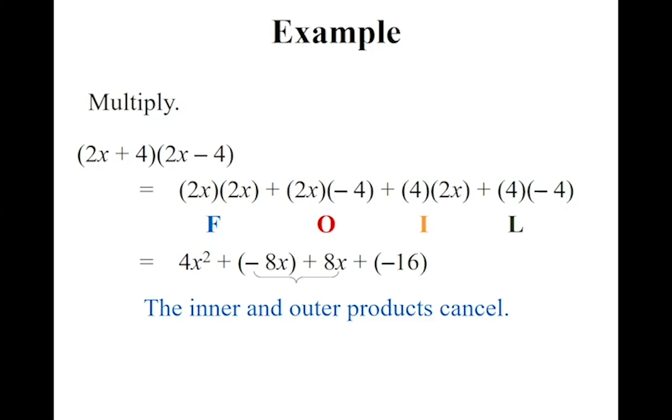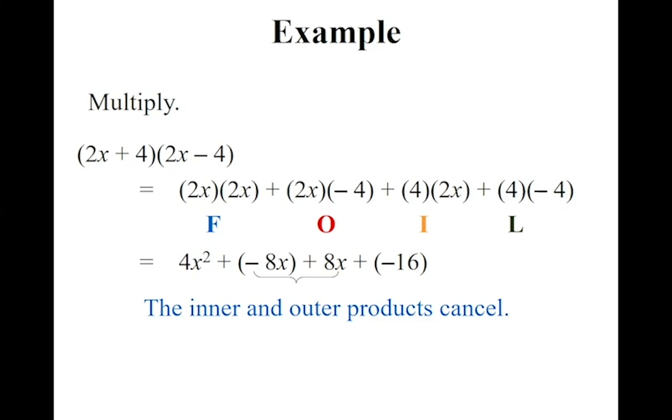So 2x plus 4 times 2x minus 4. First would be 2x times 2x, that's 4x squared. Outer would be 2x times negative 4, that's negative 8x. Inner would be 4 times 2x, that's positive 8x.